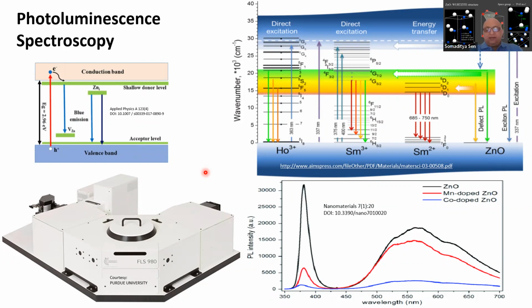Now zinc is, as I said, 2 plus, right? But when you dope something with Li plus, that Li plus has a lesser charge than zinc. So it will create some imbalance of charge in the lattice. To counter this imbalance, the lattice has to lose some negative charge. When it has to lose some negative charge, this change can come up as an oxygen vacancy. Okay, so for 2 lithium ions, we can expect 1 vacancy of oxygen.